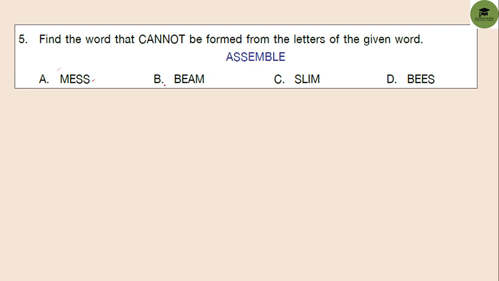If in any of the options a letter is not present in the word, then that will be the word that cannot be formed. So MESS, double S, M, E, this is correct. BEAM: B is present, E is present, A is present, M is present. If you see SLIM, I is not present. So option C is your correct answer.